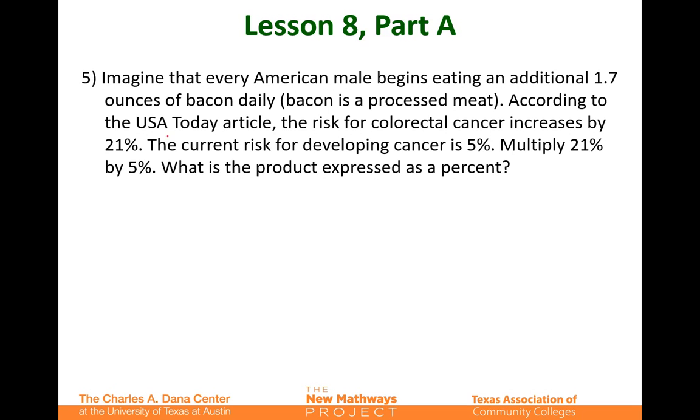So what we want to do is, our current risk here, what is 21% of 5%? We write that as a decimal. It would be 1.05%. This is the increase.